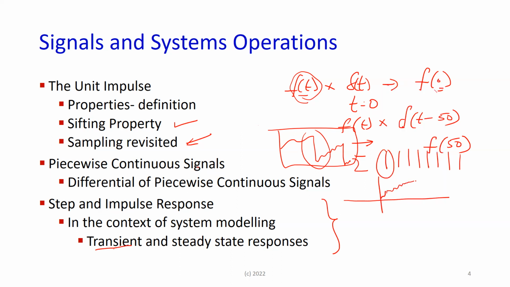It's behaving, and then it settles down. Until it settles down, when it's going from nothing to some final value, it is changing, or it's in transient mode, right? And after it settles down, it stays in an unchanging state for a while, which we call the steady state.